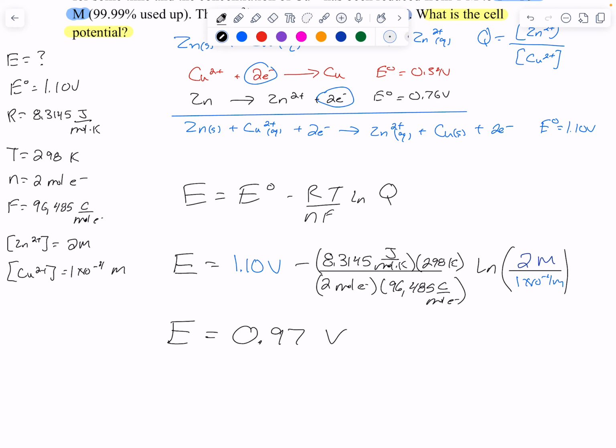So eventually, the cell potential will reach 0 at equilibrium.